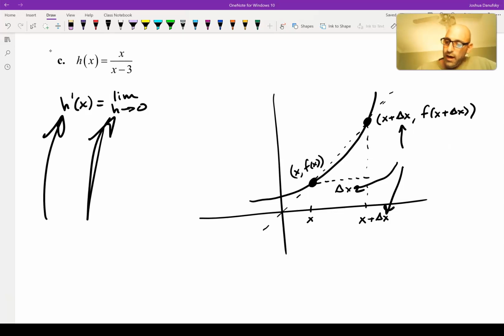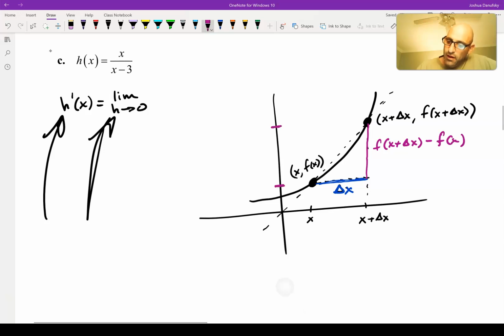So what we have is this horizontal change right there, our delta x in blue, and our purple rise is f of x plus delta x minus f of x, right? That's the height here minus the height there to get that rise. And now we have rise over run.